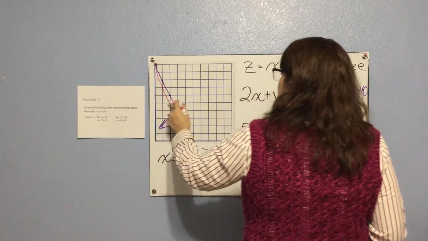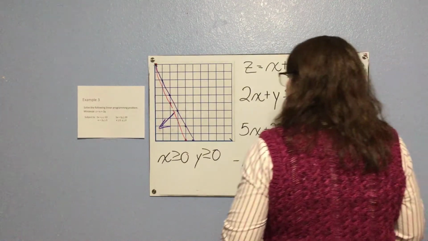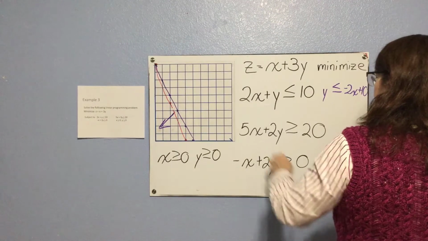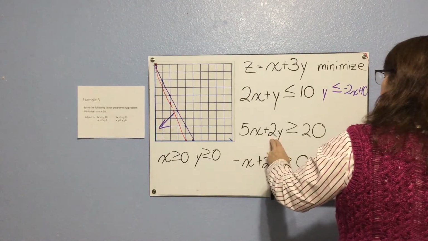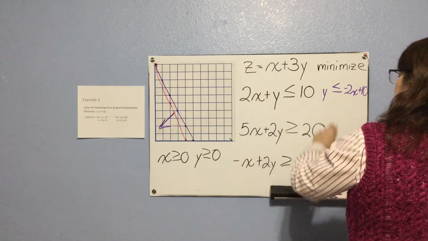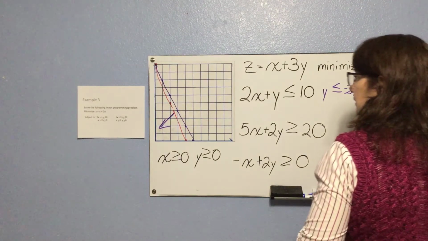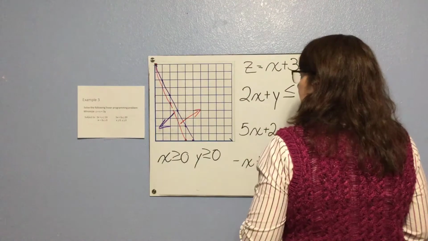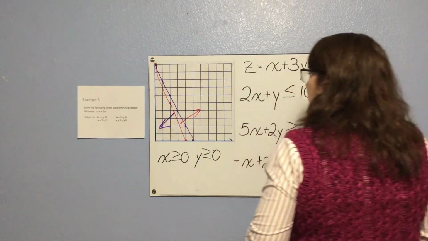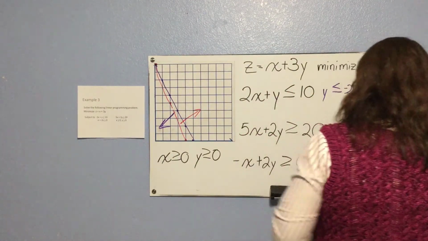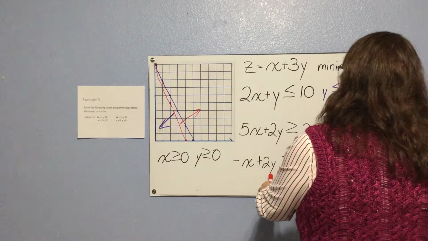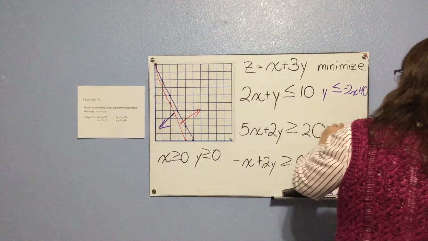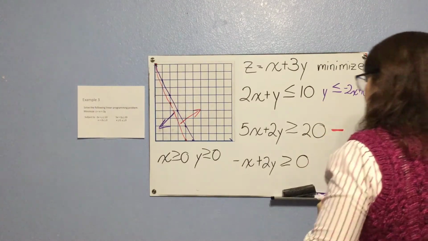So I'm going to have a very skinny feasible region in there. Because if I let x and y both be 0, this would not be true. So this is going to be shaded this direction. So now my shaded area is in between the red and the purple lines. And I'll just put a red mark here so we know that that's the red line.